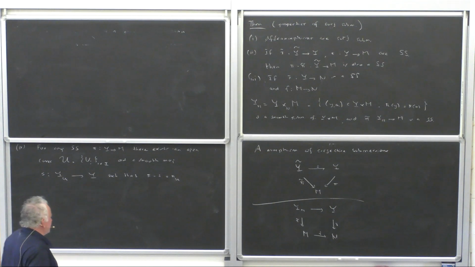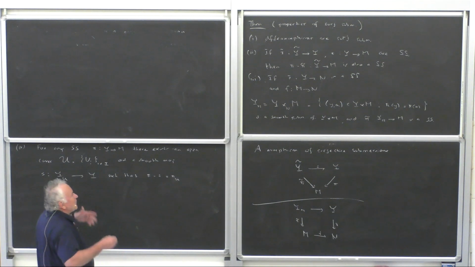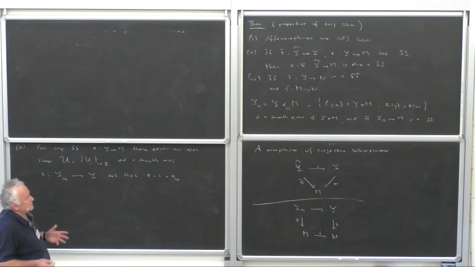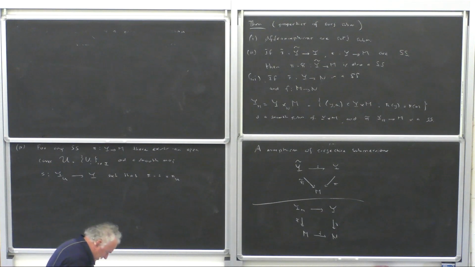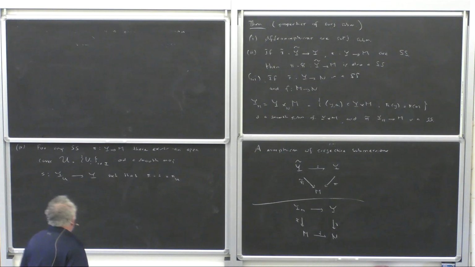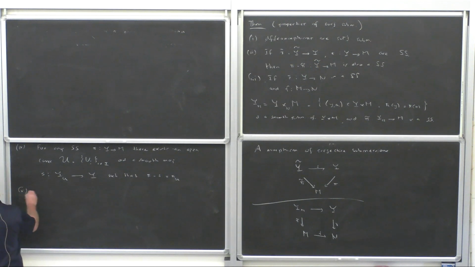And in some sense it tells me that even though surjective submersions seem to be a bigger class of structures I can put on a manifold M, in fact it's not really a stronger statement, because I can always choose an open cover which compares it to that surjective submersion.